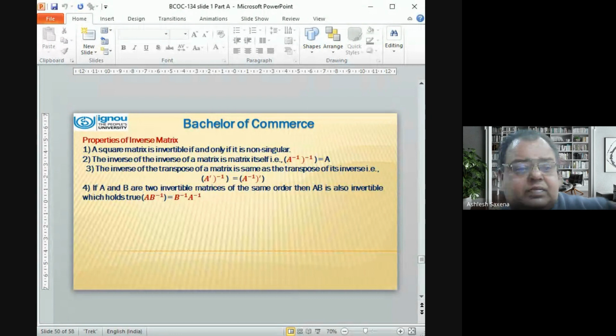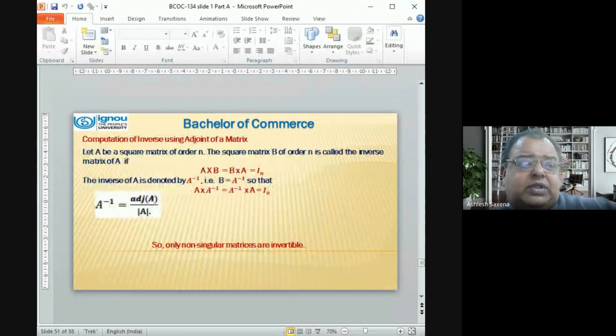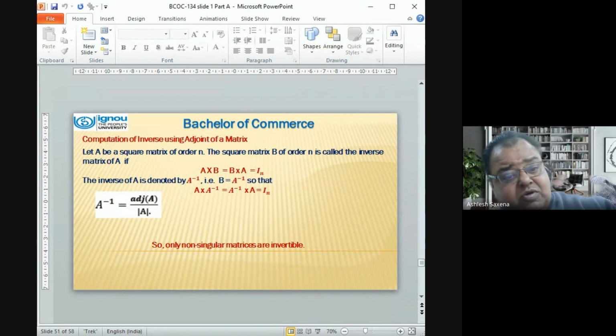Now, how the computation of the inverse is done using adjoint of a matrix. We will see that if A is a square matrix of order n and a square matrix B of order n is also called the inverse of matrix A if A into B is equal to B into A is equal to identity.